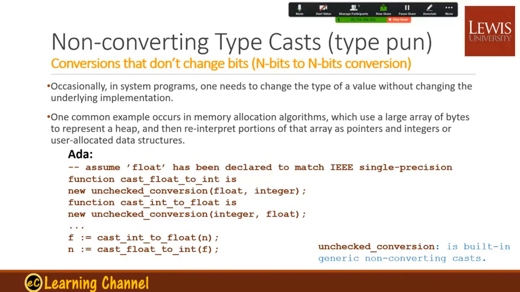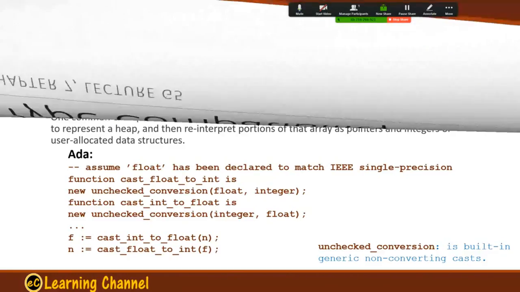It's a way people interpret the array as a pointer or integer, or a user-allocated data structure, which are more than an 8-bit type format. So you need to do conversion for a different interpretation. But with non-converting type casting, I just give you the bits. I don't really know how you interpret it, but I support it. That's non-converting type casting.